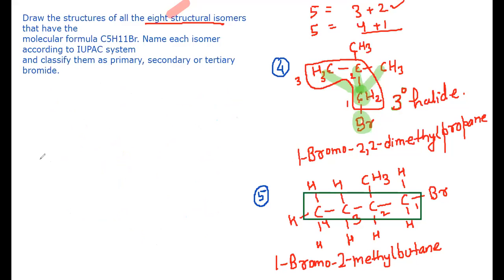Now this 4 plus 1 can also be written like this: 1, 2, 3, 4. And instead of writing methyl here, I can write methyl here, and I can give bromine here.